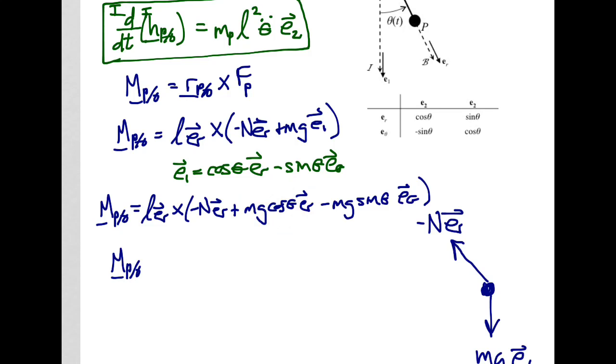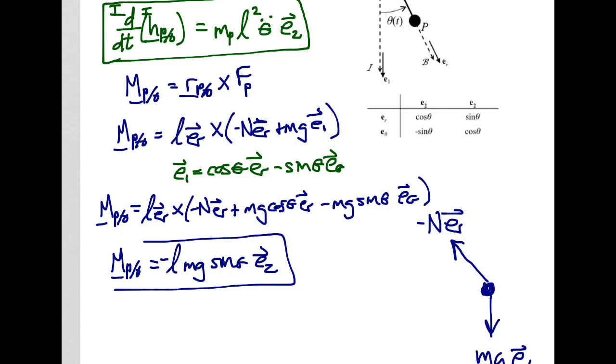And so the only term that we keep is L multiplied times mg sine theta, and this is e_r cross with e_theta, and so we keep our negative sign from the negative mg sine theta on the right hand side here. e_r cross with e_theta gives us e_z, and so now we have the moment on the right hand side.